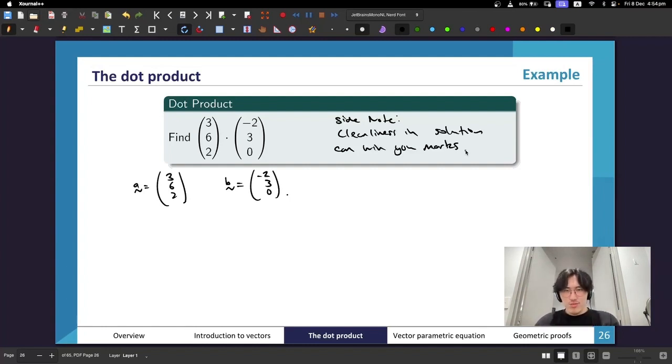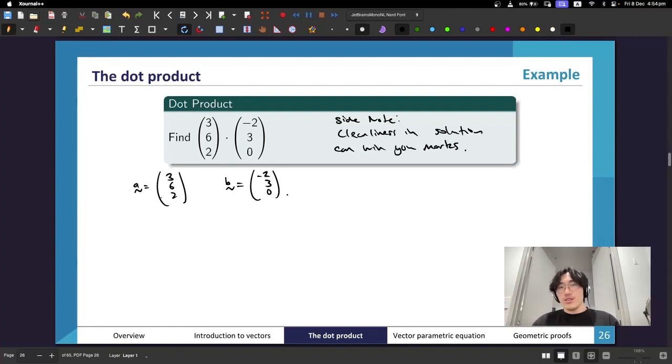The marker will say, well, your handwriting was so bad I couldn't read it, and then you'll say, well, I meant this and this and that, and if your teacher's nice, they'll give you the marks. When it comes to the HSC, unfortunately, they're all external teachers who don't go to your school. So it's important from now forward to understand that you need to be clean in your solution.